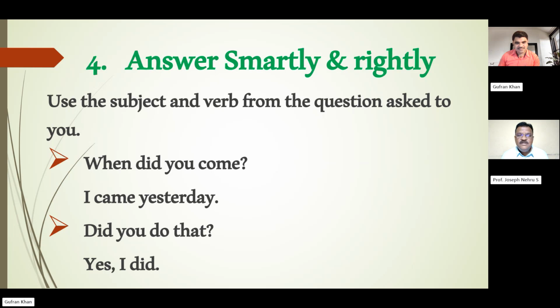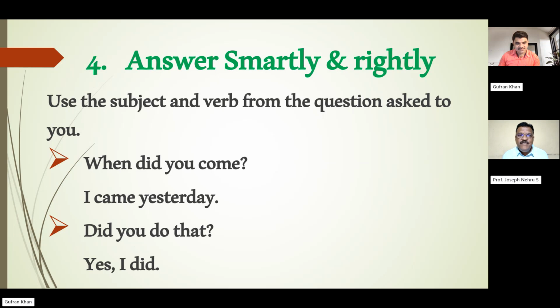In the first question, the verb is in past tense, so in my reply also I used a past tense verb. The second question is also asked in past tense about an action done in the past, so my reply also was in past tense. Yes, I did. You got it?